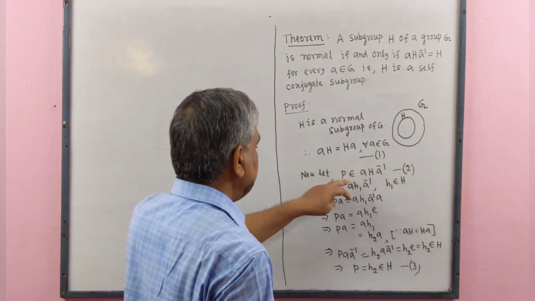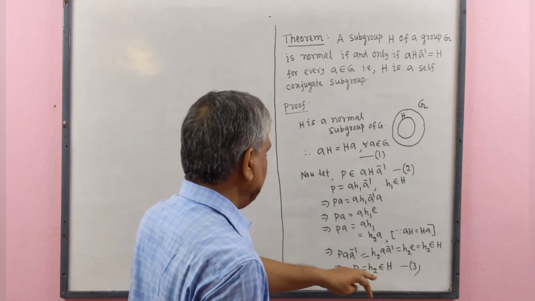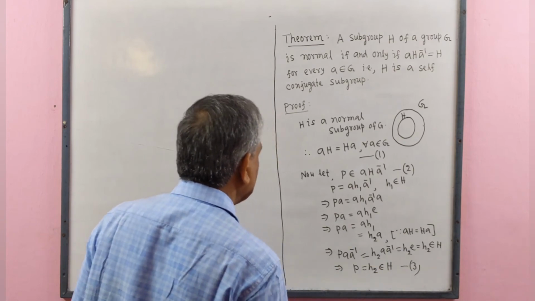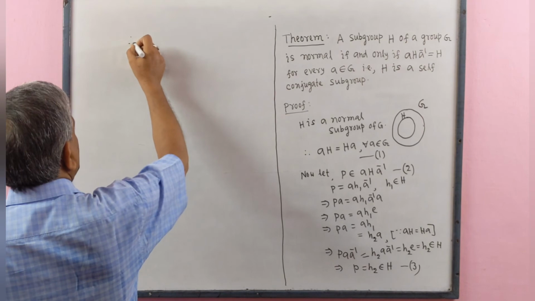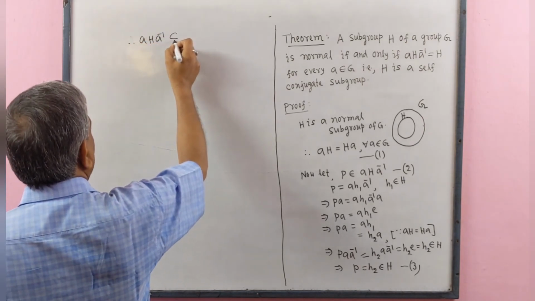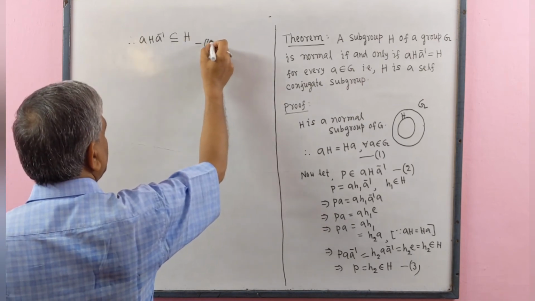From 2 we see that p belongs to aHa⁻¹, and in 3 we get p belongs to H. That means aHa⁻¹ is a subset of H. Let this be number 4.